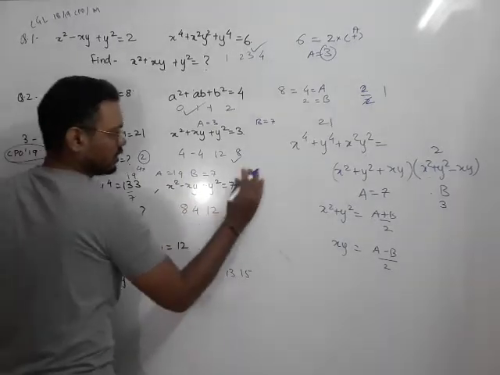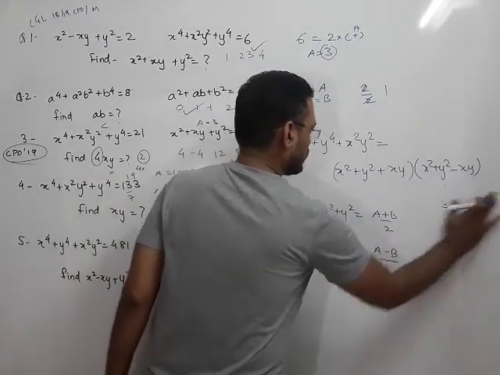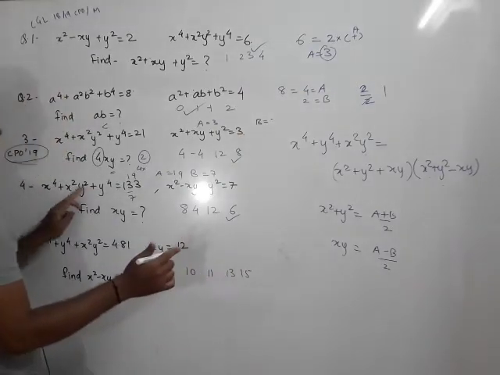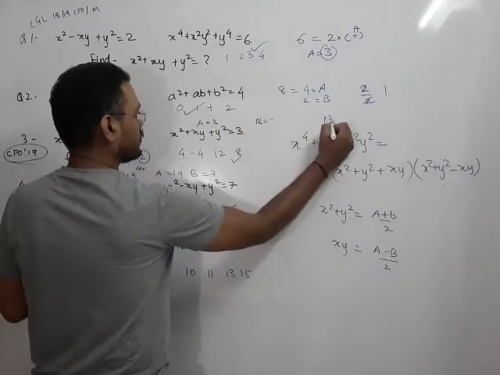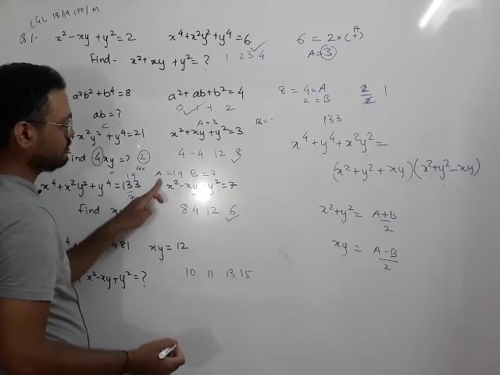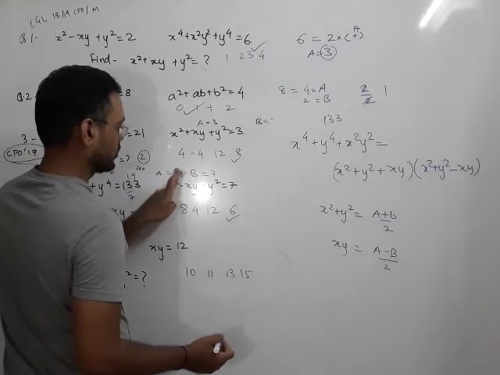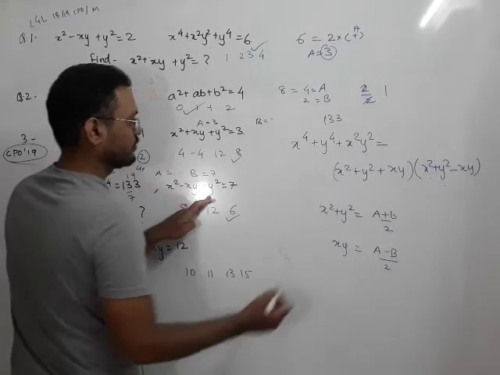So I'll solve it here in steps. This combined equation is given as 133. A is my positive term, which is not given. B is my negative term.